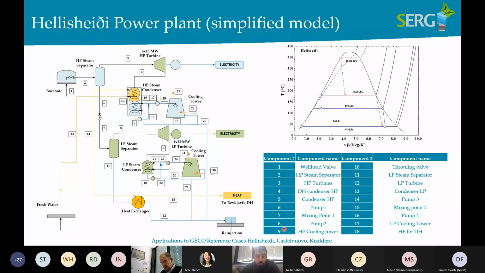The simplified model comprises 18 main components, such as turbines, valve, cooling tower, etc. But as we will see later, all of the components will be taken into account when calculating the exergo-environmental cost.